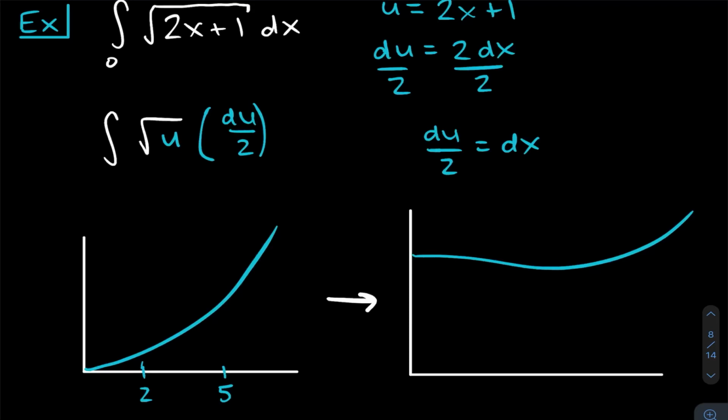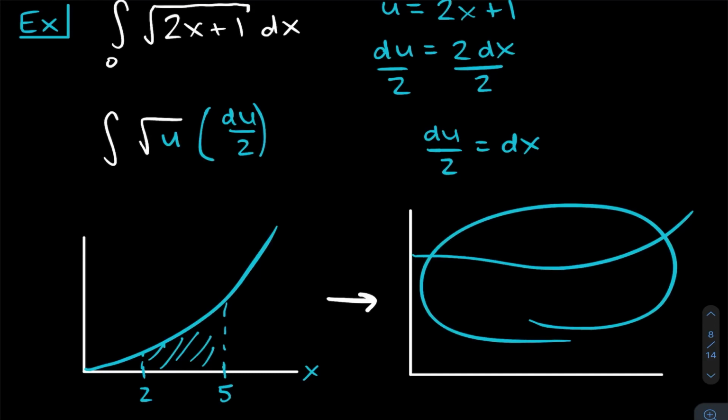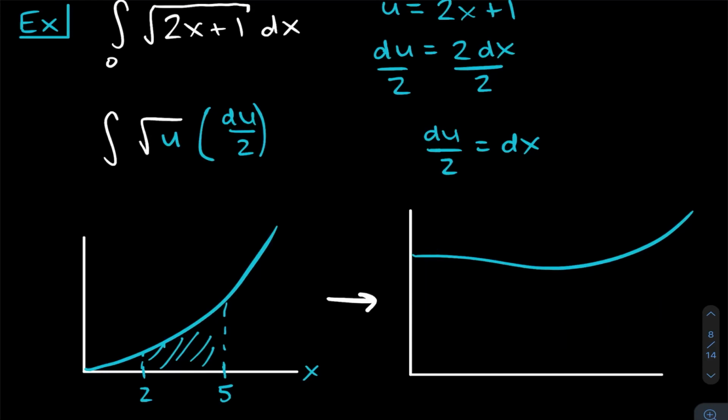So let's say it's from 2 to 5 in this case. This one is with respect to x. So here's the area, right? Well, on this new graph, that area doesn't have to be between 2 and 5, right? That's not going to be the equal area. You could even see that, right? Let's just mark out 2 and 5 here.